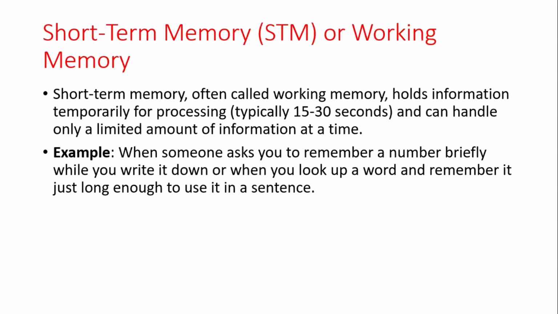Once we typed out those numbers, we tend to forget them. In simple words, our brain will erase unwanted information. So that is what we call short-term memory, STM, or working memory. Whenever we remember something for a very short span of time, it comes under short-term memory.